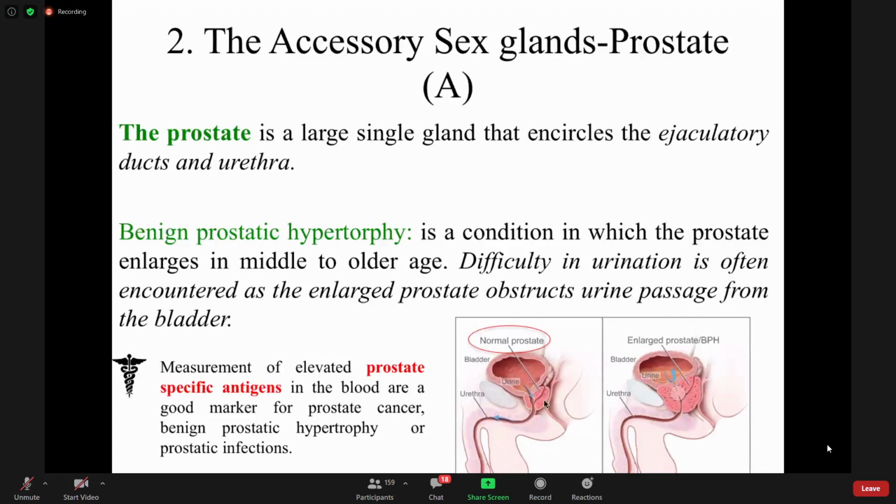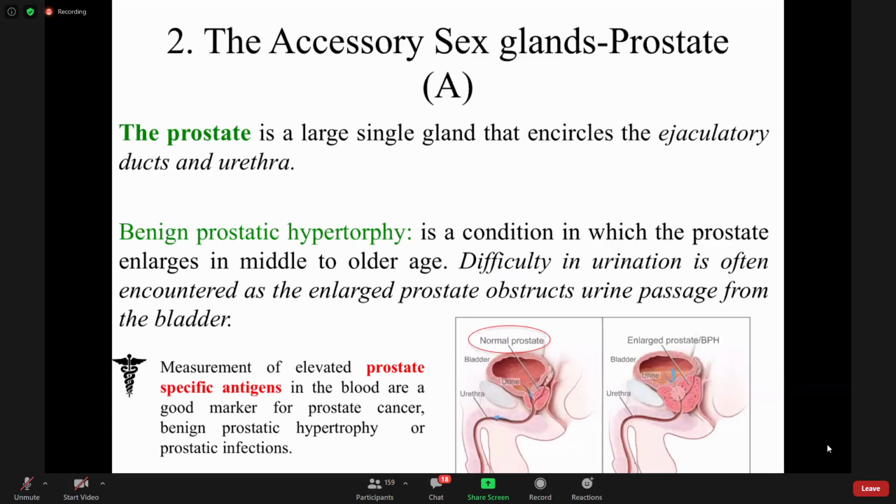Now, over here, we see the prostate gland, which is basically surrounding the neck of the urinary bladder. In the occasion that the prostate goes through a process of hypertrophy, particularly in an older age, the urinary canal becomes particularly narrow, eventually leading to painful cessation during urination.